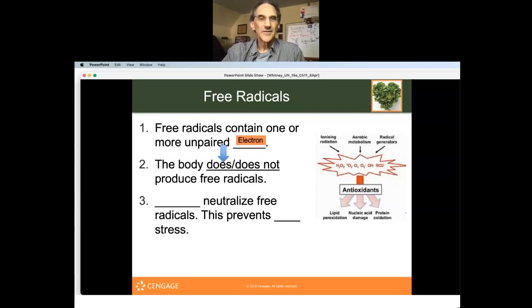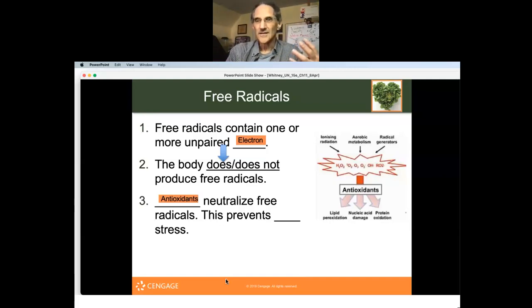Let's see this third one here, blank neutralize free radicals. This prevents blank. Okay, so the main thing here, and this is some of the role of fat-soluble vitamins, and it's shown right here in this little figure, is that they are antioxidants, because the free radicals want to oxidize. They want to grab electrons to pair up, and that's oxidation.